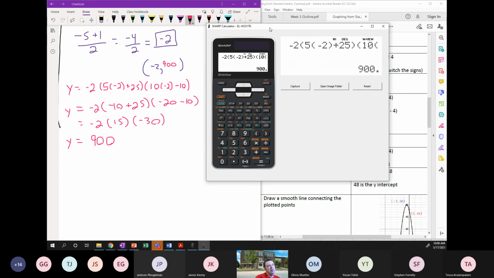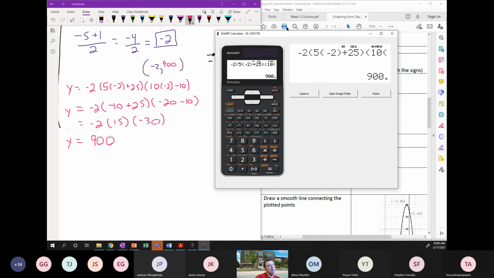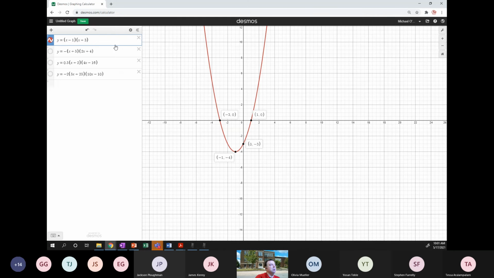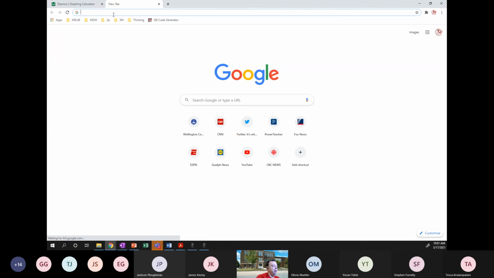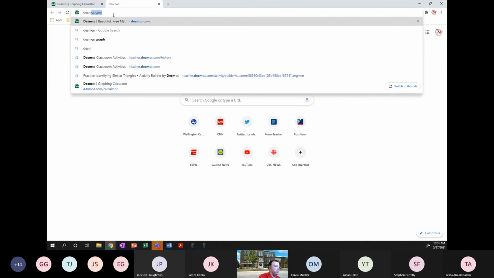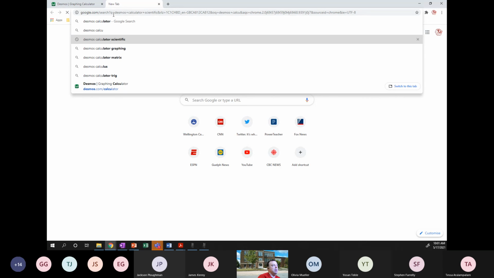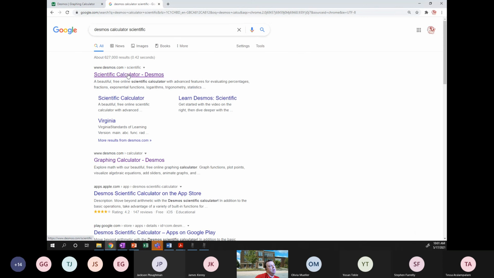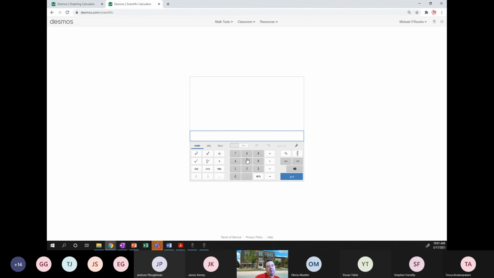And then if you're online, I sent you the link for this calculator, but you could also go to Desmos calculator, scientific, and it'll give you a scientific one that is just like it, that you could type it in on as well.